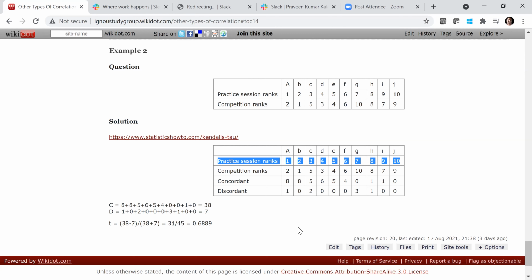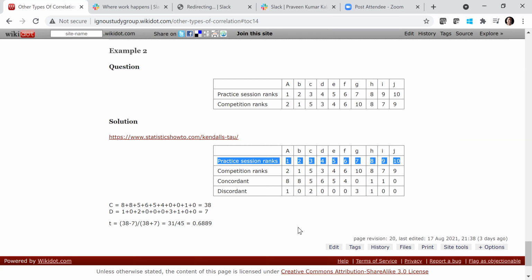If you arrange by practice session, you are arranging the students, not really the rank. You are just asking students, come on, students, stand in a line with your ranks in the practice session. So you are arranging the students based on the practice session ranks. That's exactly what you are doing. So your competition ranks would also move accordingly. Okay. Thank you.